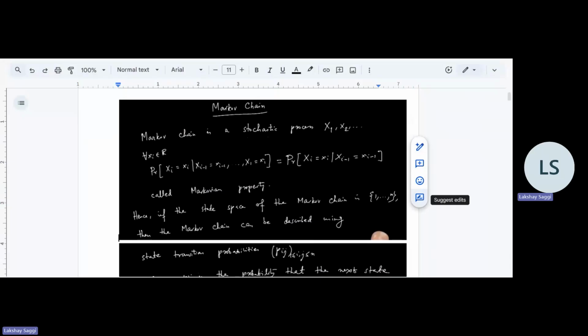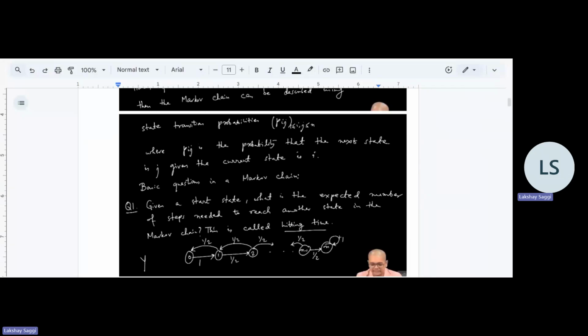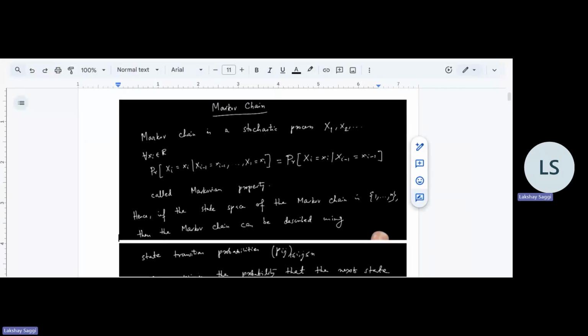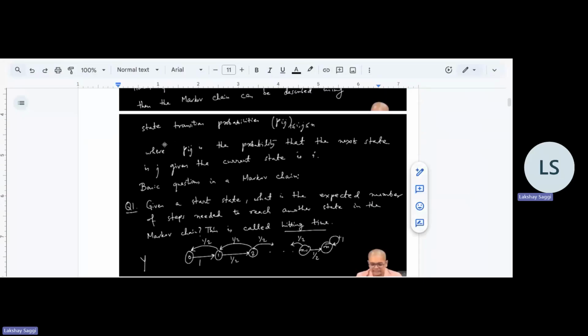You don't need to describe the distributions of random variables for all the time steps i minus 1, i minus 2, and so on. You just need to know the distribution at time step i minus 1 to know the distribution at time step i. And with what probability the random variable takes the different values is described using the state transition probabilities Pij.